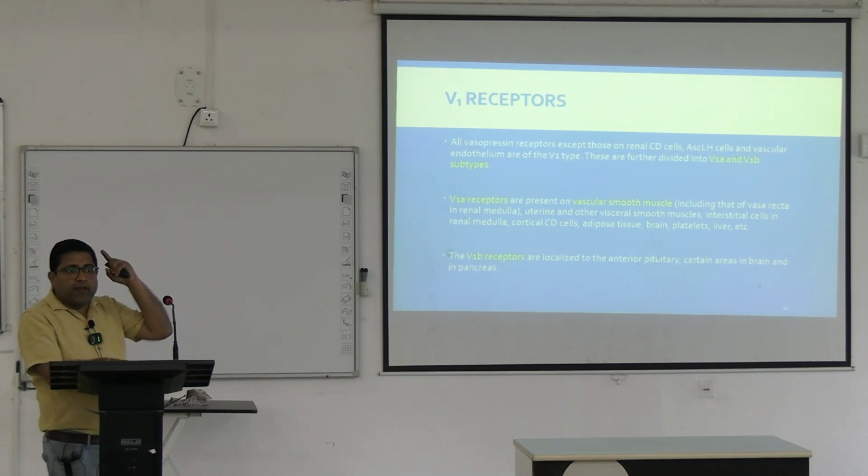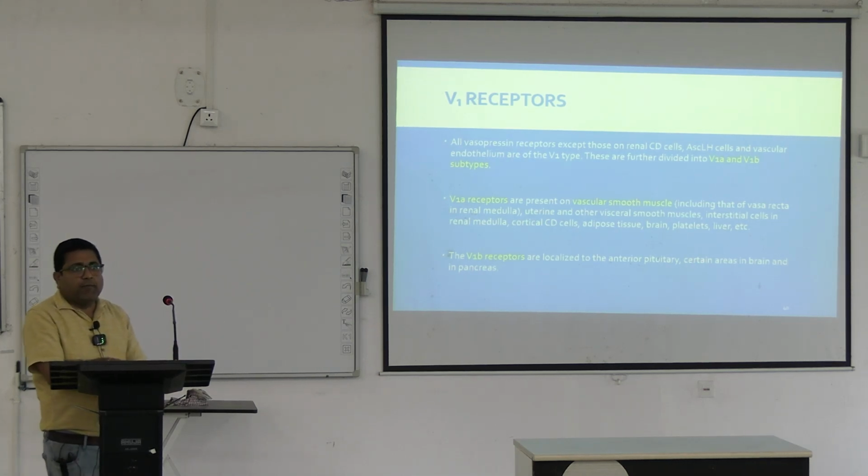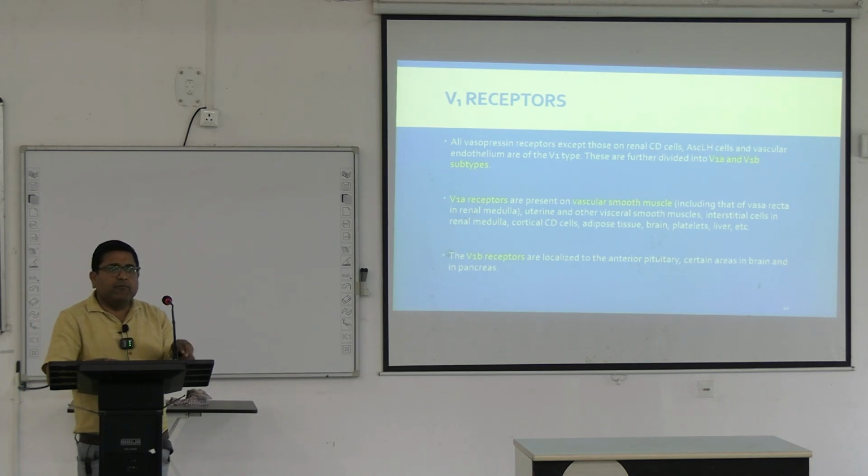V1B receptor is primarily present in the anterior pituitary, certain areas in the brain and also in the pancreas. So V1A is primarily in smooth muscle, it can be vascular, it can be visceral. And V1B receptor is primarily in the anterior pituitary, in the brain and in the pancreas.